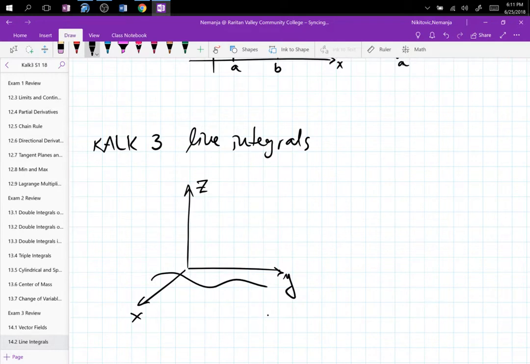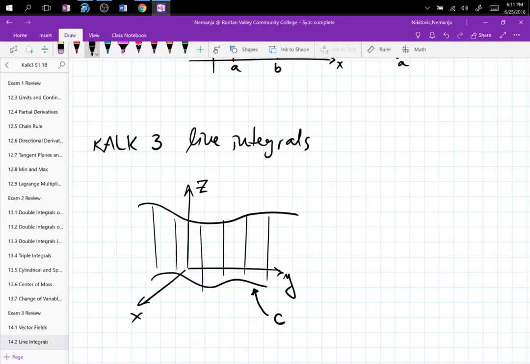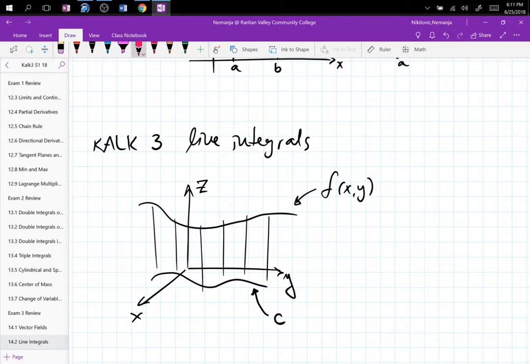This line we are going to call C, right? And on top of this line you just have a curtain that has some kind of a top, and that is your f of x, y. And now you want the area of the curtain.